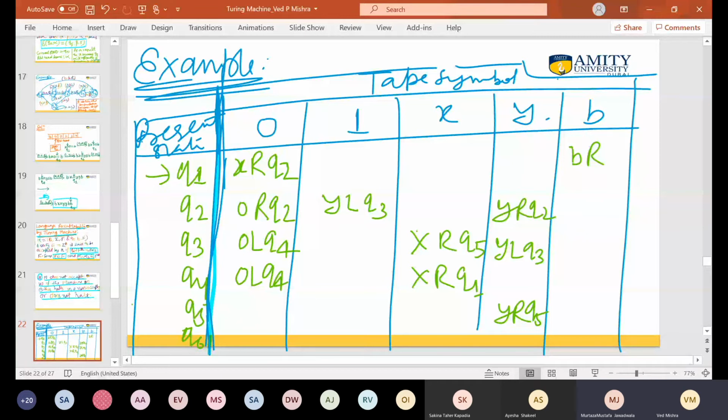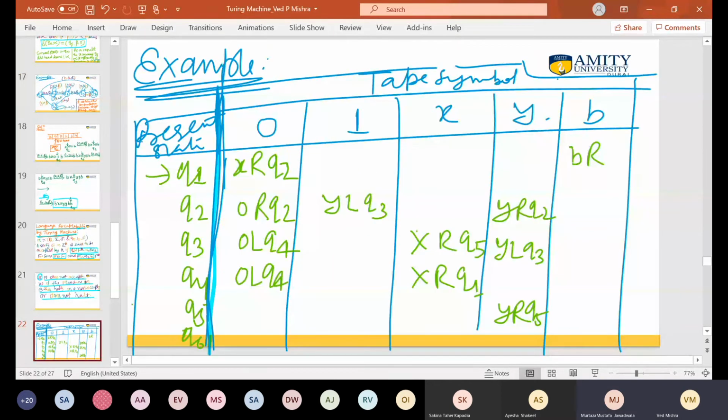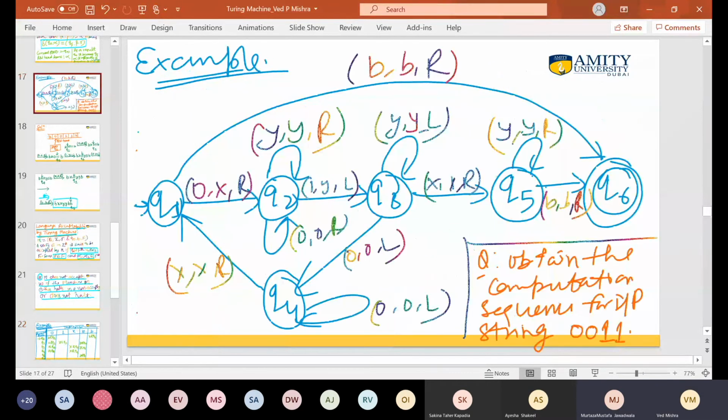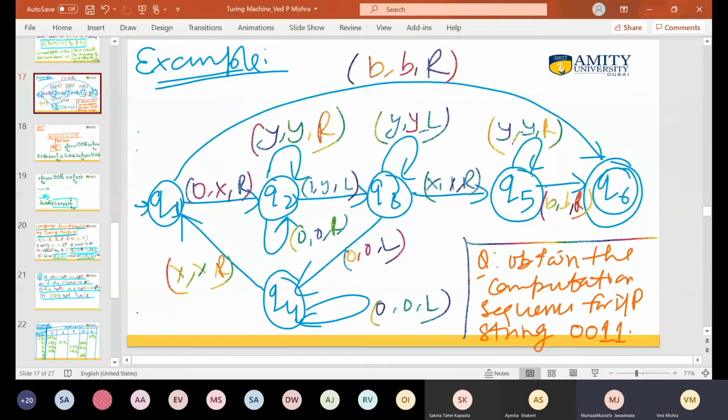Q6 or Q5? Q6. B R Q6, yes. And Q5? B R Q6.